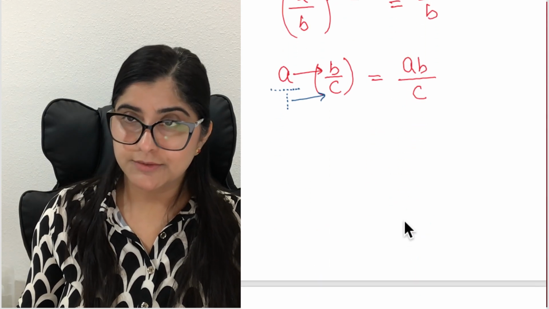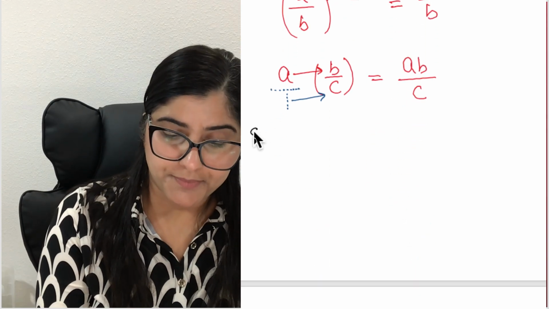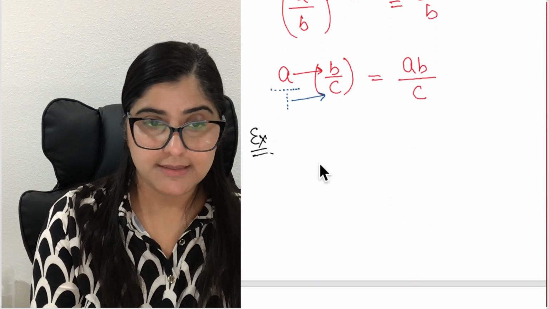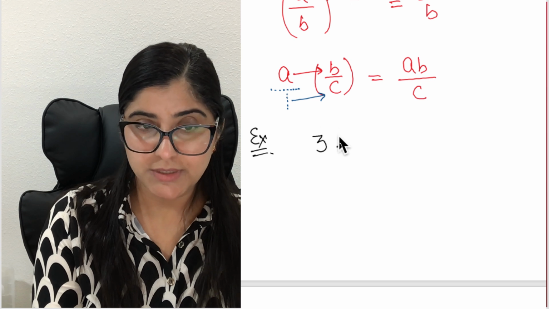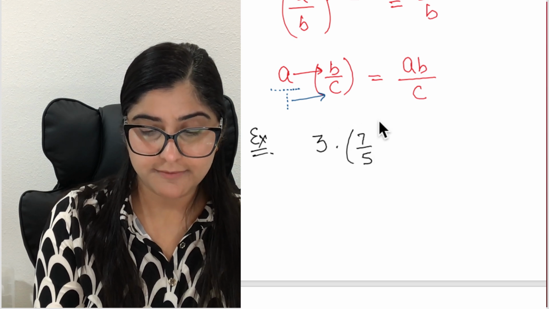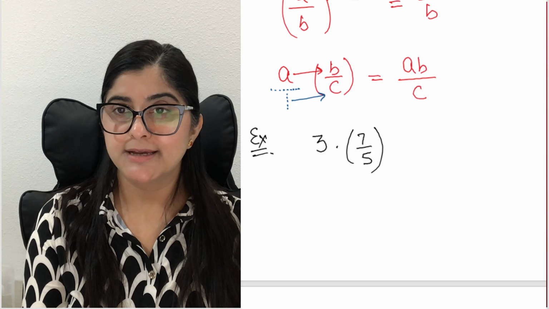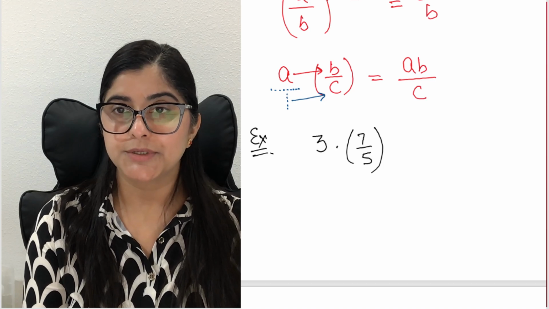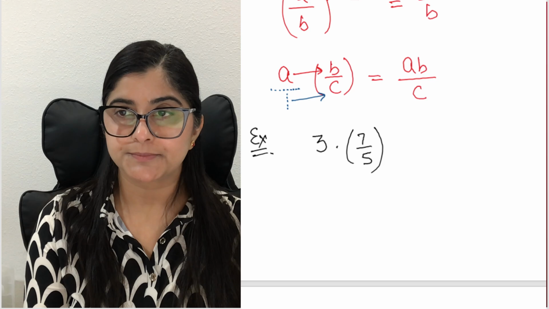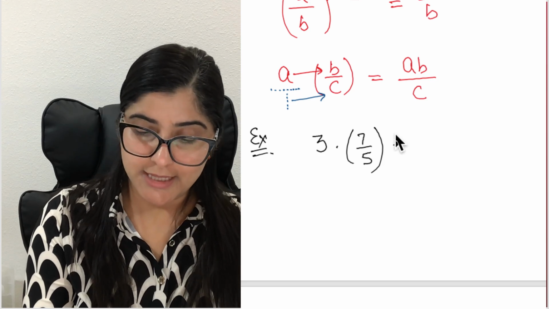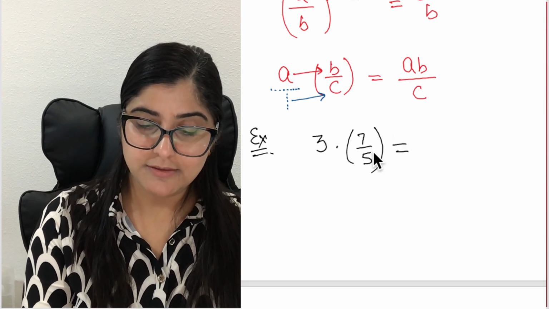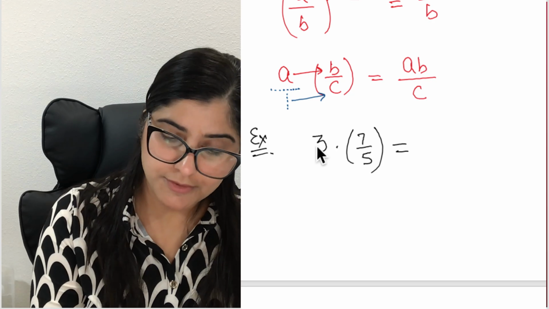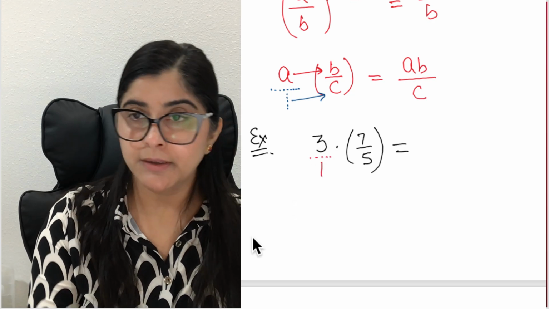Let's do one practice question here where we will practice this thing. So what is 3 times 7 over 5? Please pause here and try to figure out the solution and write down your solution in the simplest form. Okay, so you see that 3 is a whole number, this is a fraction. If you want, you can make 3 also a fraction.